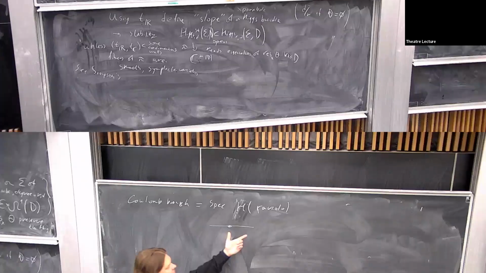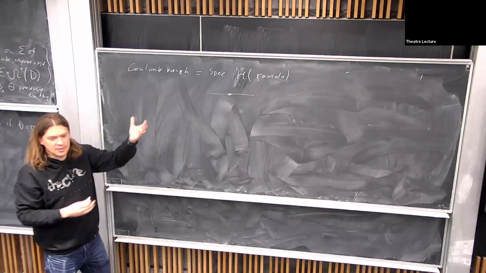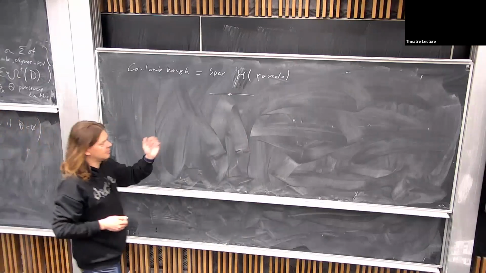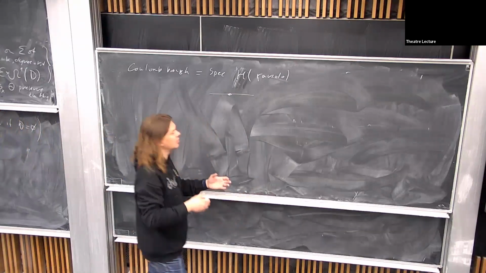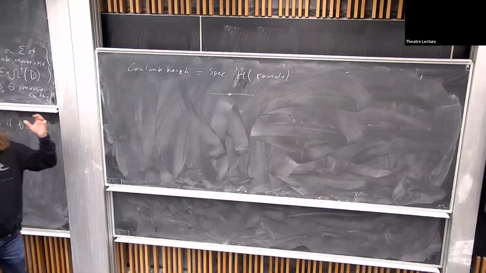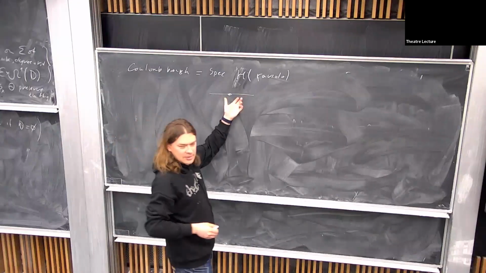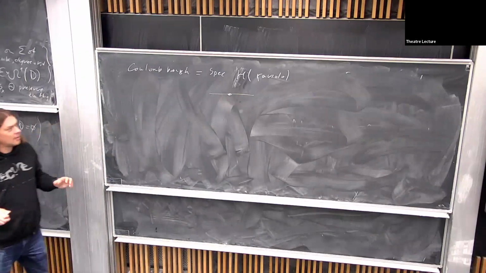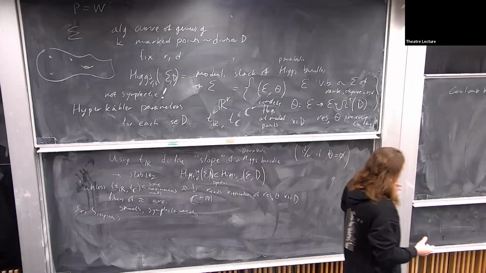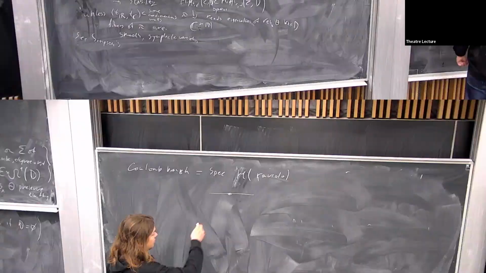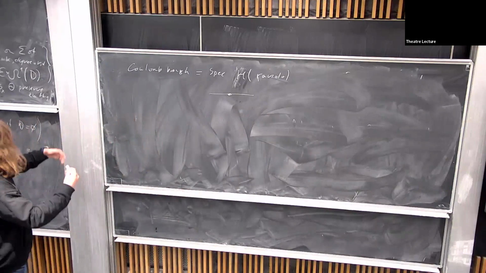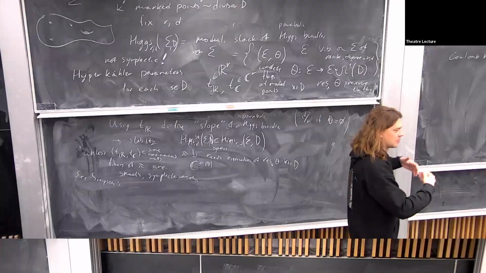It parameterizes pairs of Higgs bundles on the disk, as was given in Professor Nakajima's talk. There was cotangent to R, and that R should be thought of as a moduli stack of Higgs bundles on the disk. And so you should use it to define modifications of Higgs bundles.